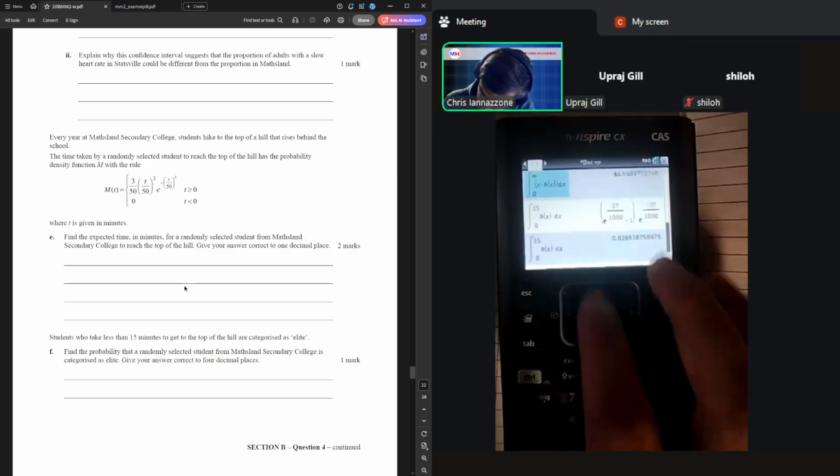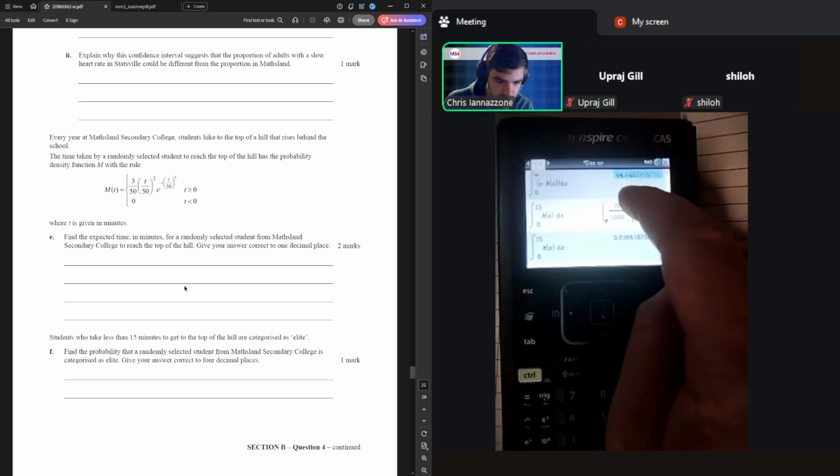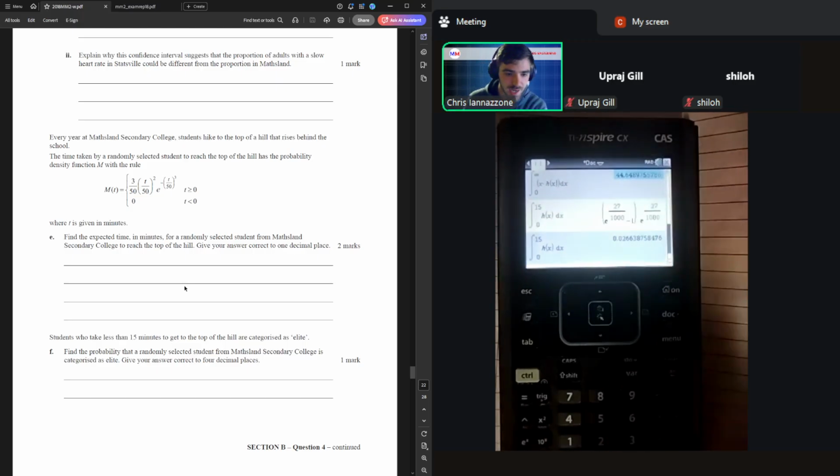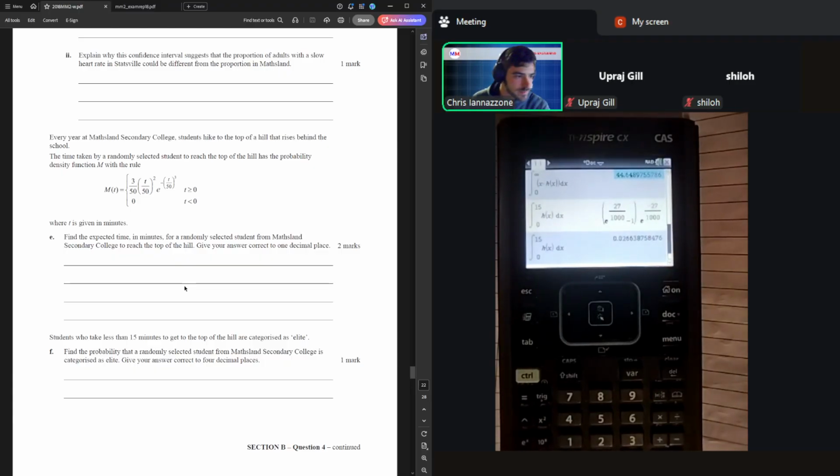So the expected value just tells you the mean of the scenario, the average time it takes someone to get to the top of the hill. In this case, we're just trying to do less than 15 minutes. The only time we would put it over a new denominator is under conditional probability circumstances.